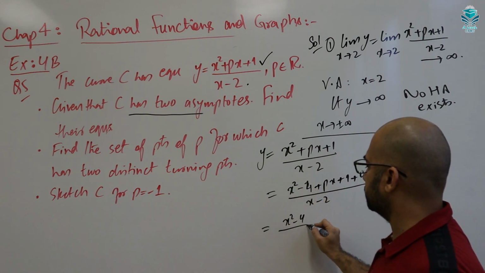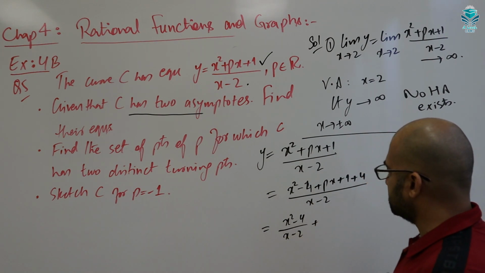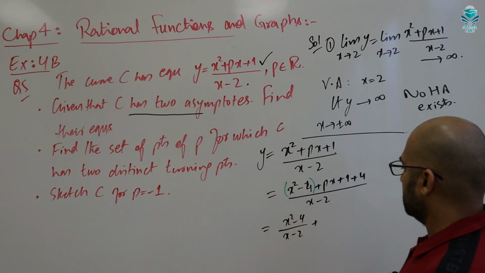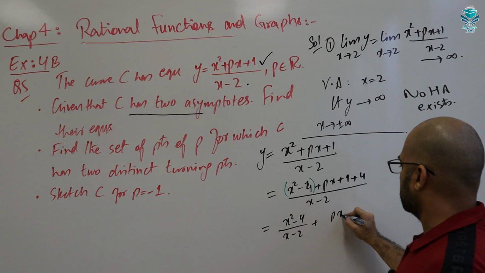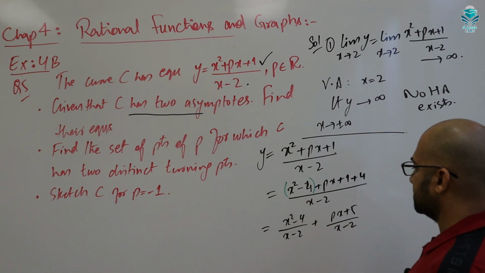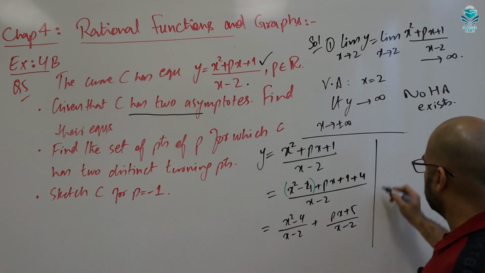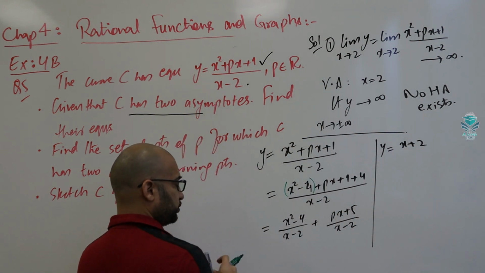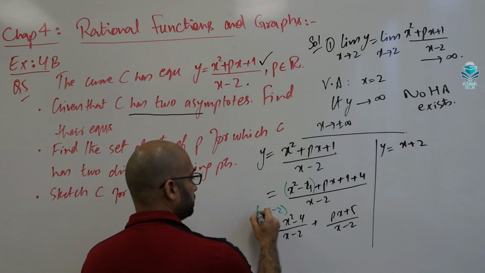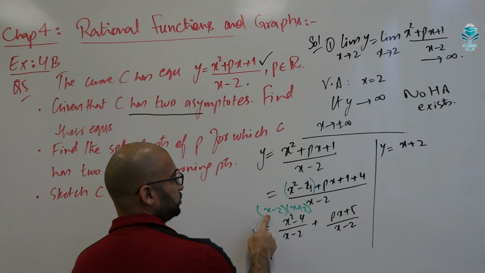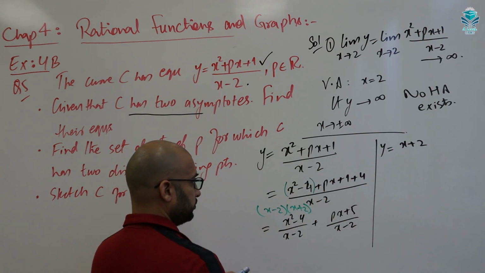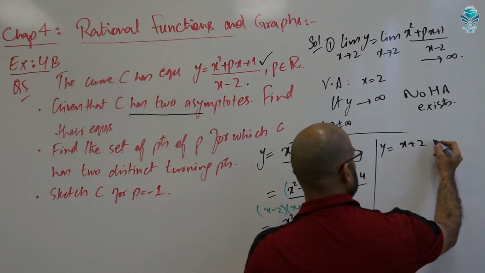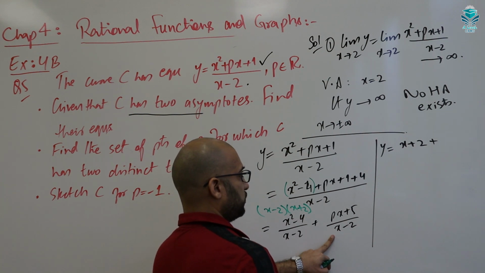You will see, we separate this term and the remaining. So you can write it as x + 2, because x² − 4 can be written as (x − 2)(x + 2). The (x − 2) is balanced, and you have x + 2. And what is the remaining function? (px + 5) over (x − 2).